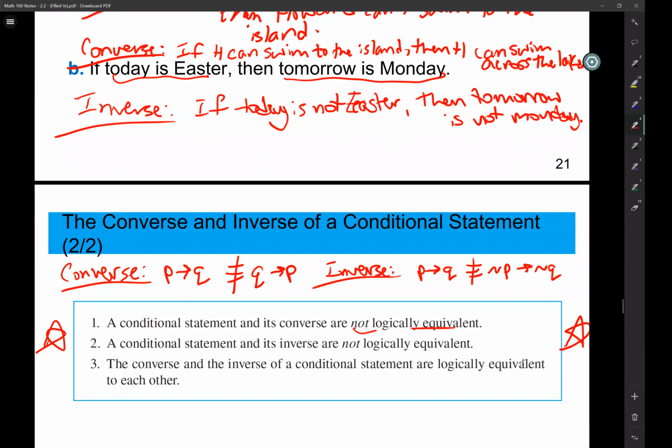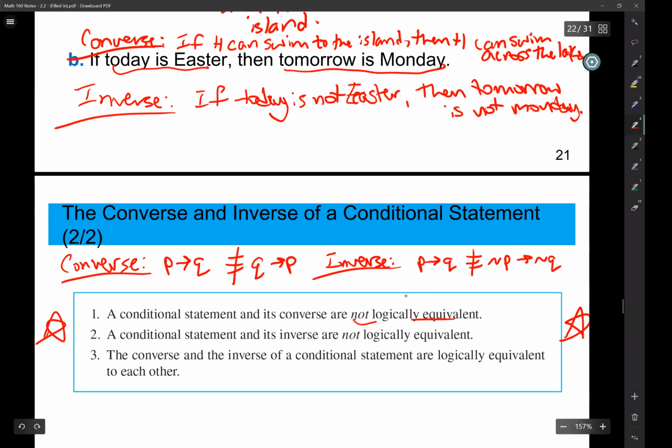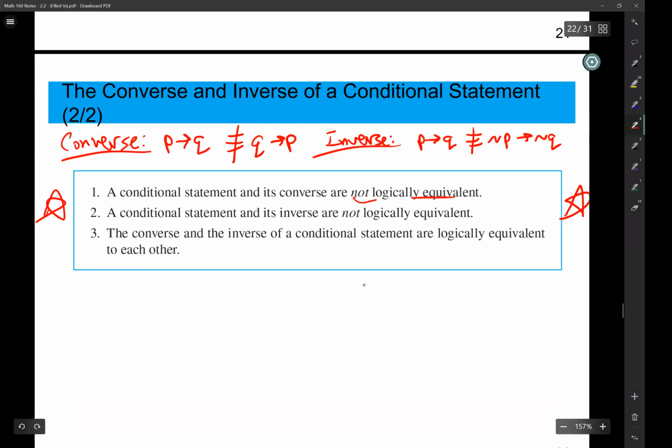And the same thing with the converse. The converse would say if tomorrow is Monday, then today is Easter. Not necessarily, because all the Sundays that are not Easter Sunday, that's still true. So it's really important to know that the converse and inverse aren't logically equivalent to the original conditional statement.